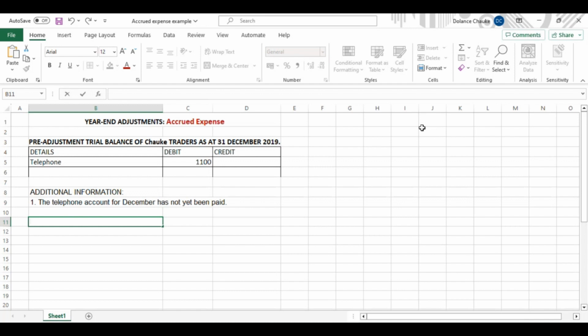As I've explained, the financial period is 12 months, so there is 1 month that is not paid within that financial period of 12 months, okay? So the telephone expenditure that is given there is for 11 months, okay? So we need to calculate the one that is outstanding for 1 month, which is the month of December, okay?